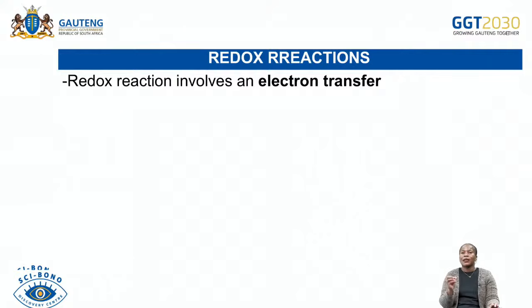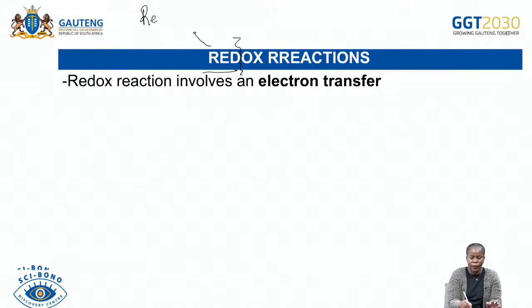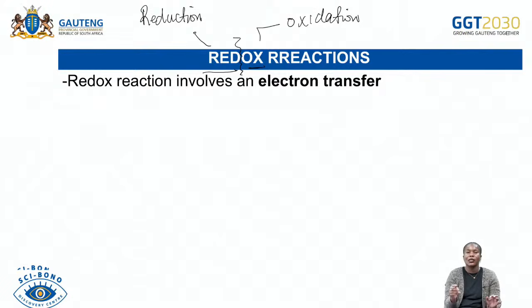Now, we're speaking about the redox because, as it is broken down, these are two reactions that happen simultaneously. What does it mean? If we split red and ox, this red stands for the reduction, and this ox stands for the oxidation. These are two reactions that happen simultaneously, and they involve the electron transfer.